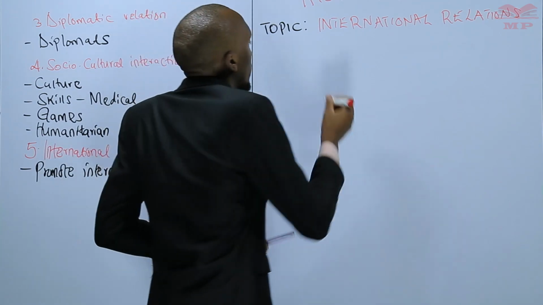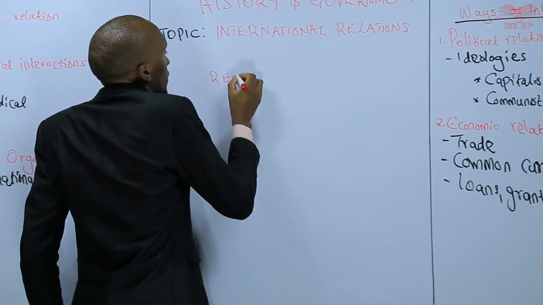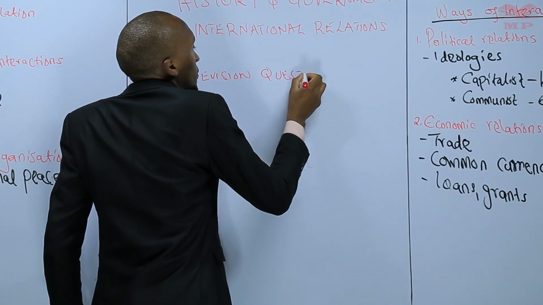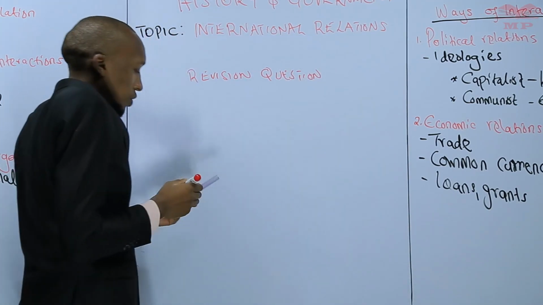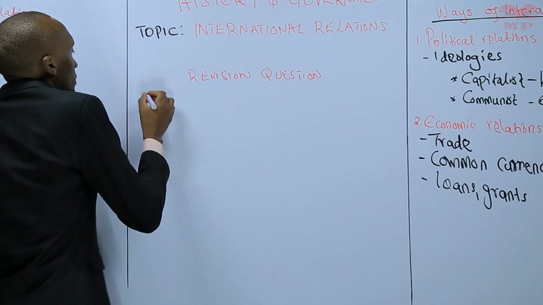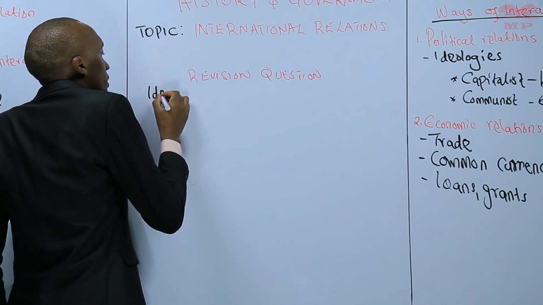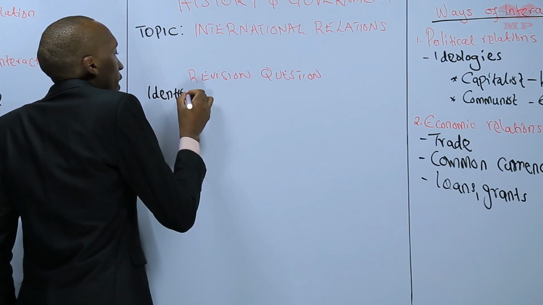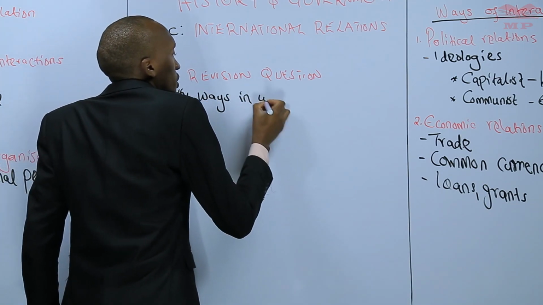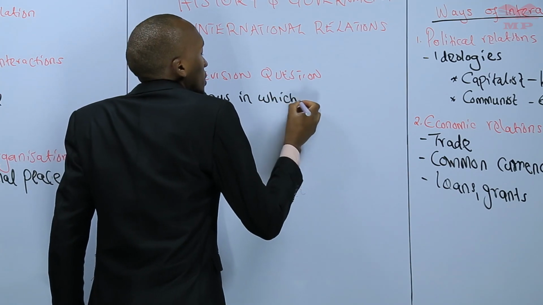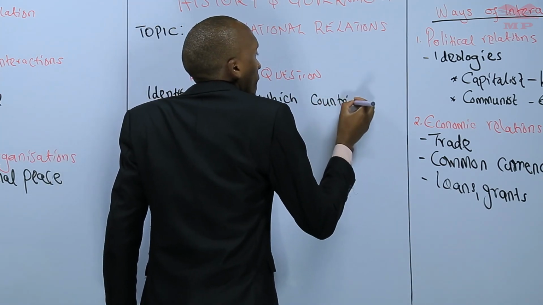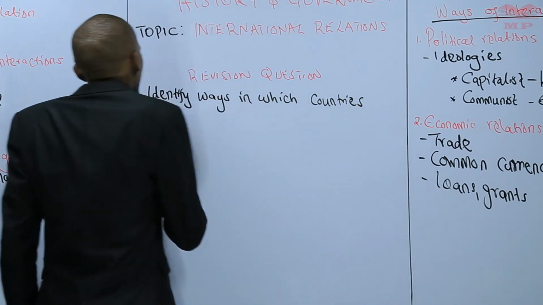So we have a revision question, and the question is: identify ways in which countries interact.